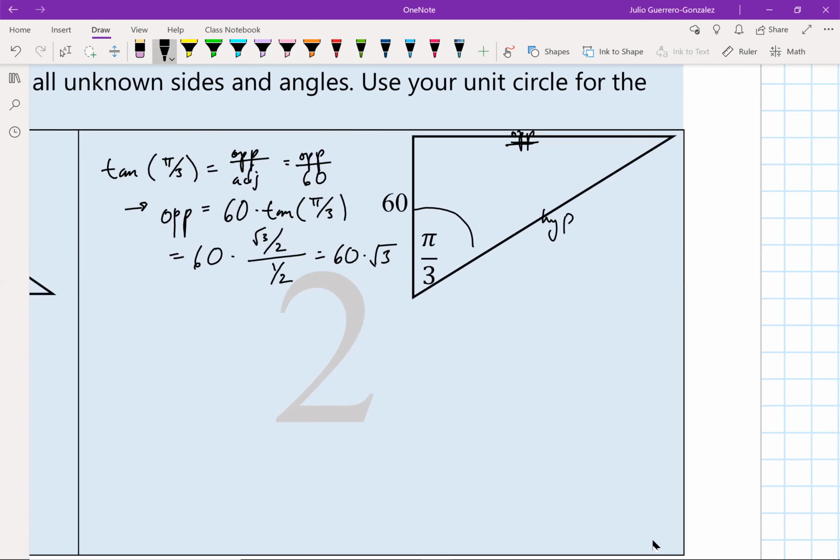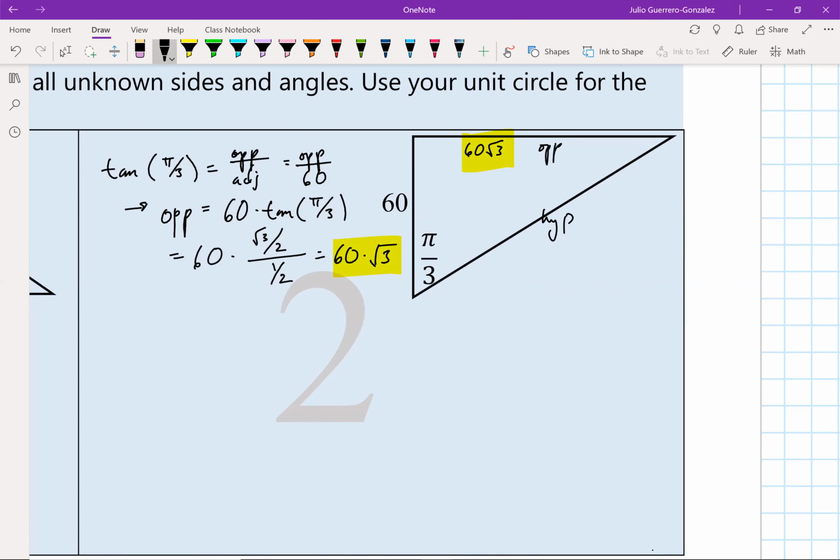So we know that this, I moved everything. Okay, this right here is 60 square root of 3. So let me actually color coordinate this. This gives me that.